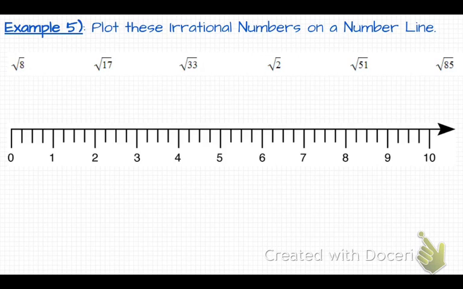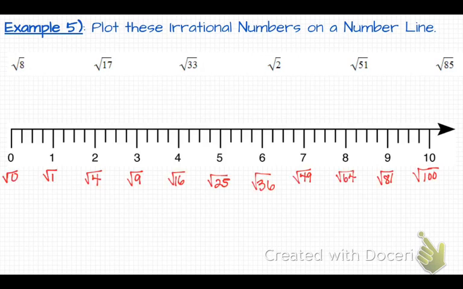Uh-oh, hold on. Clicked the wrong button. And then to begin with, we found the first two on our last two previous examples. So the square root of 8, you told me, was a little bit smaller than 3, and the square root of 17 was a little bit bigger than 4, yes? Now we need the other ones.